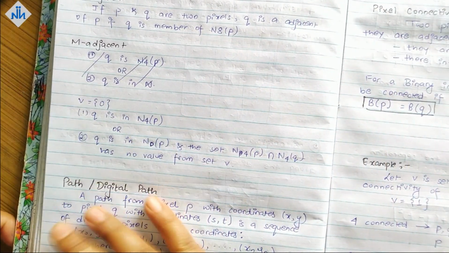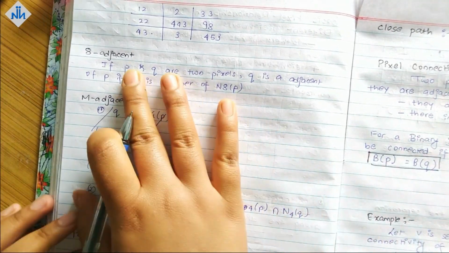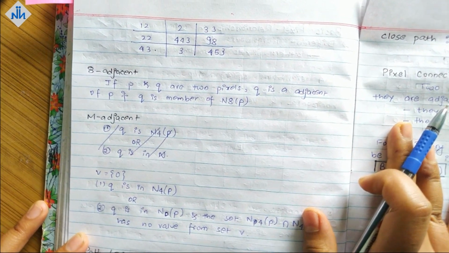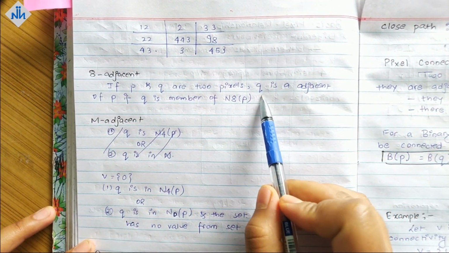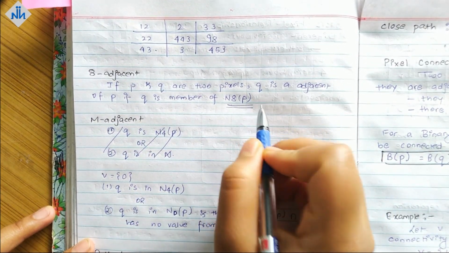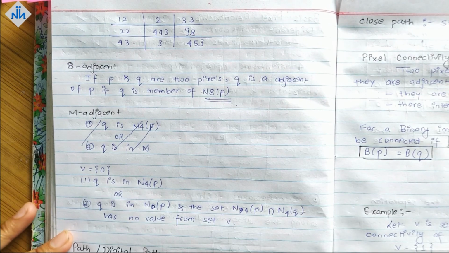The next adjacency is 8 adjacent. If P and Q are 2 pixels, then Q is 8 adjacent to P if Q is a member of N8(P). So we know the N8 neighbors.